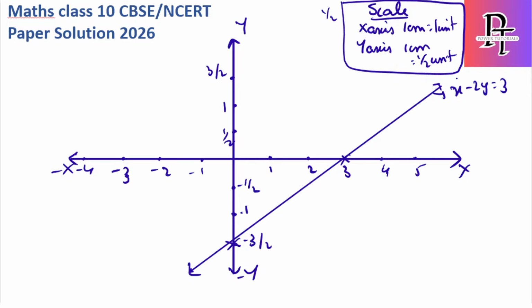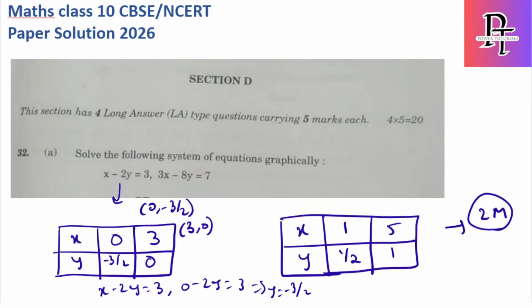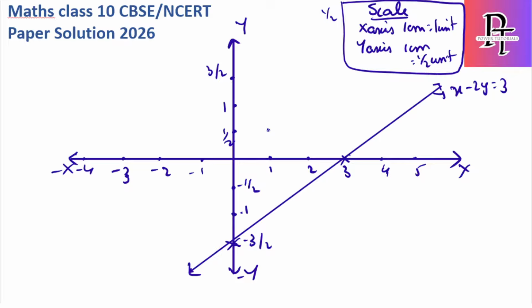Same way we have to plot for the second line. So second line points are 1,1/2 and 5,1. 1,1/2 is here and 5,1 is here. So let's draw and join the line so that it is touching these two points.